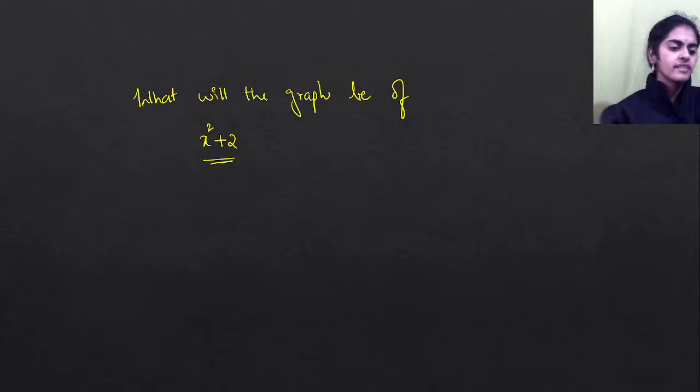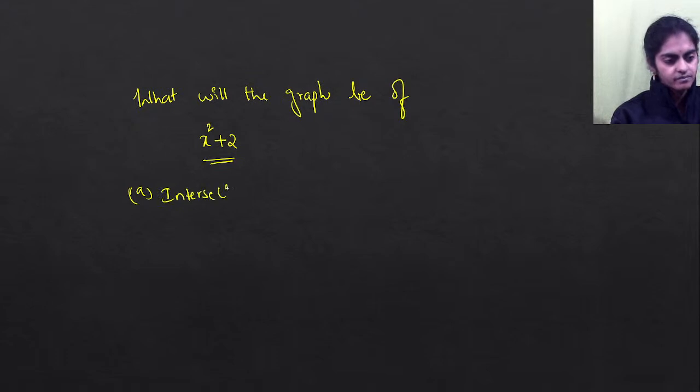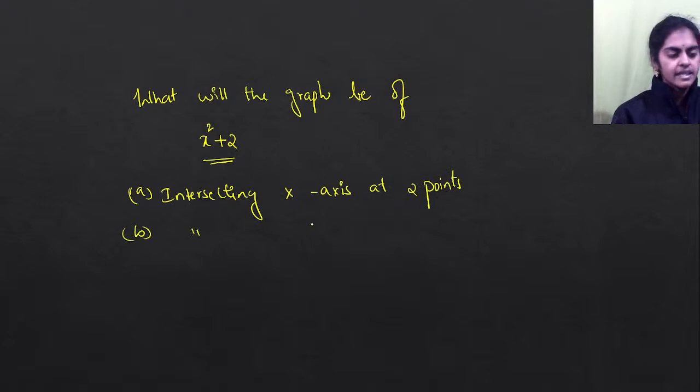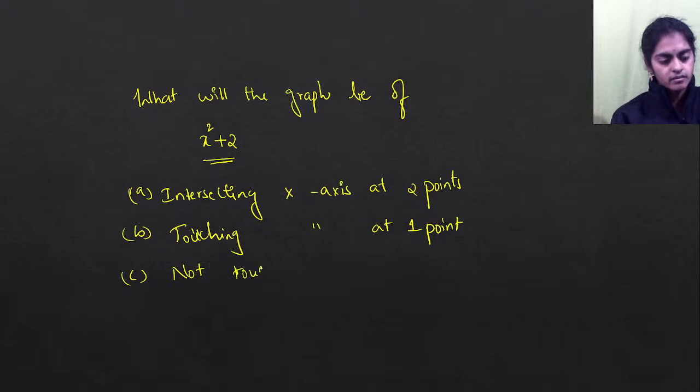What will the graph be of x square plus 2? Okay, your options are: what kind of graph do you get for x square plus 2? Intersecting x axis at one point, or touching x axis, or you can say not touching and intersecting.